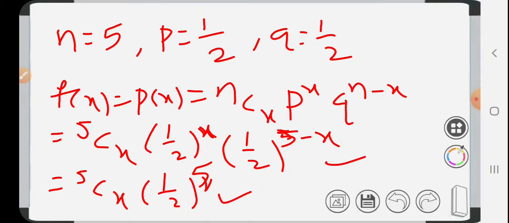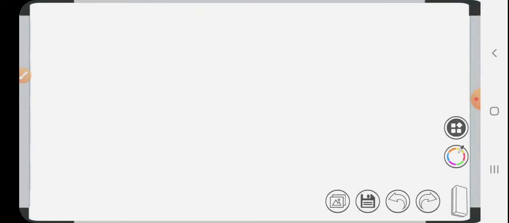Let us now find the first value. What is our first question? Having 3 boys. 800 families we will multiply, but the first question is having 3 boys. 3 boys means P of 3.